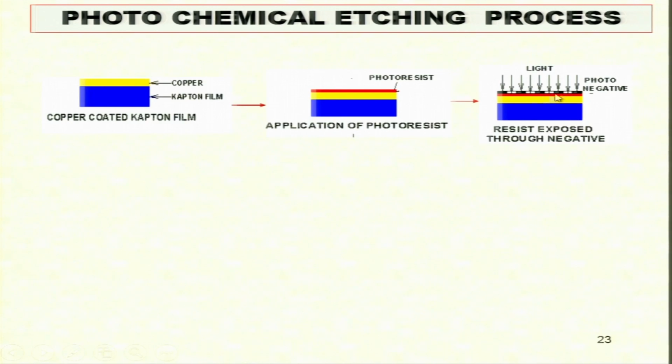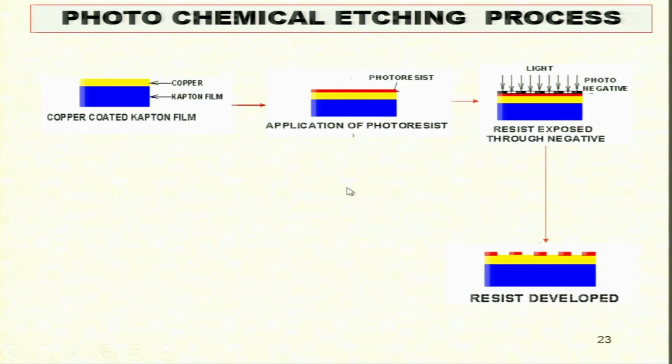This is the negative photoresist. Photonegative written over here, and then resist developed. After the development of the resist, you get this kind of the photoresist, right? Because photonegative has been removed, and this is the layer of the copper to be machined.